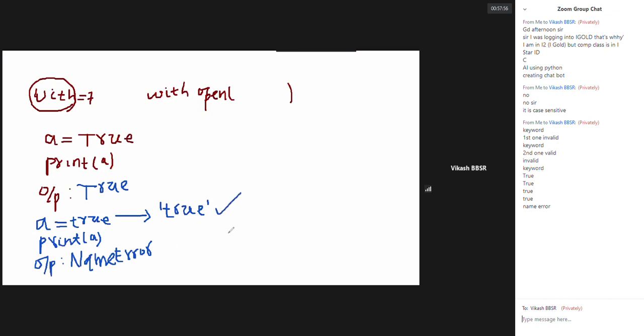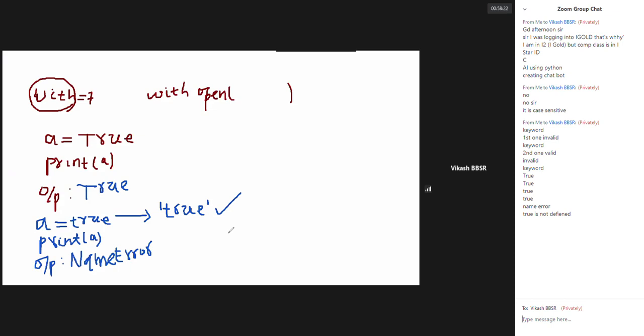So just remember, true without the capital T is neither a keyword nor a string.